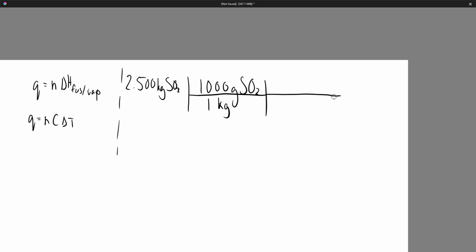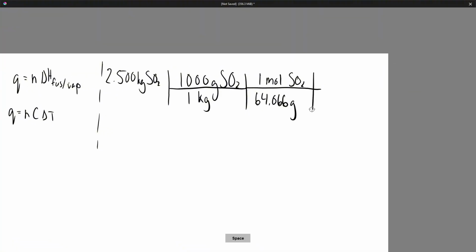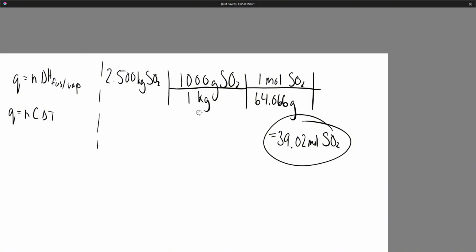And now we convert grams into moles using the molar mass, which is 64.0666 grams. That should give us 39.02 moles of sulfur dioxide. So that would be our N value.